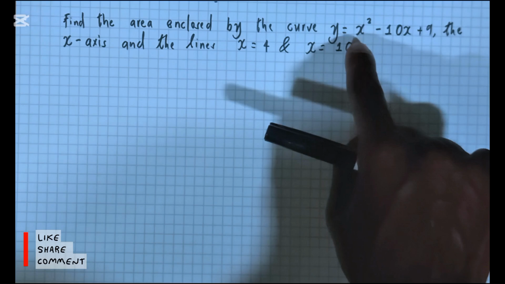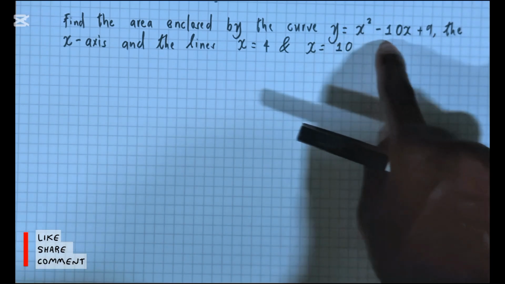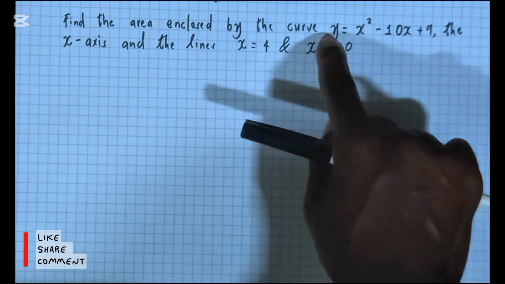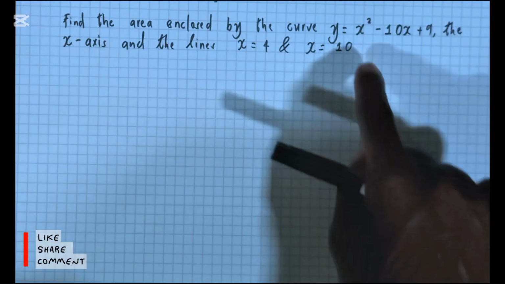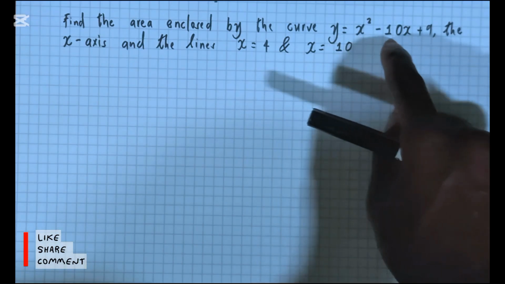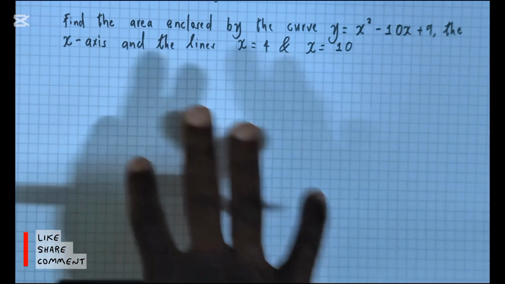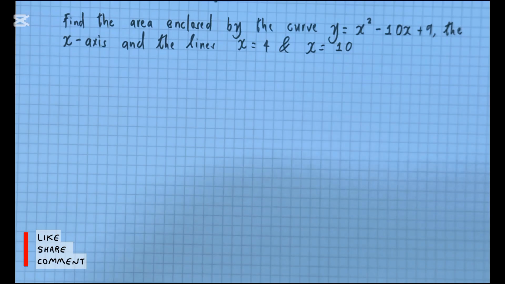So the first thing you would want to do is find the points of intersection with the x-axis of this curve, y = x squared minus 10x plus 10. Given that this is not a quadratic equation class, I'm just going to state the roots, but I hope you know how to find the roots of a quadratic equation.